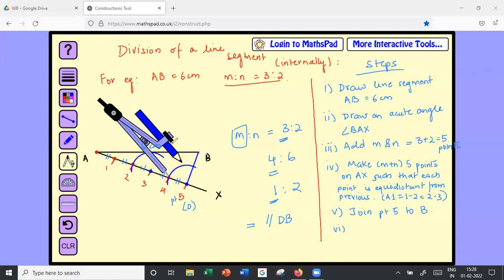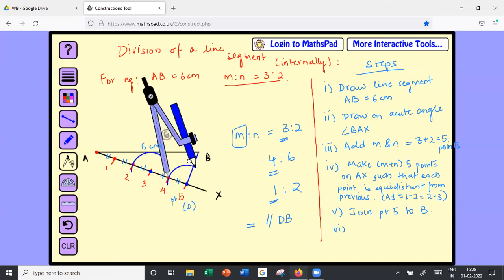Are we all together here? Yeah, ma'am. Okay, cool. So now you keep the compass on the starting of your arc, wherever it is. For me, it's on this point 4. So I'll keep it here. Wherever on the line your arc is, keep it there. And then measure this distance. Basically, you find out where this point is touching the line.